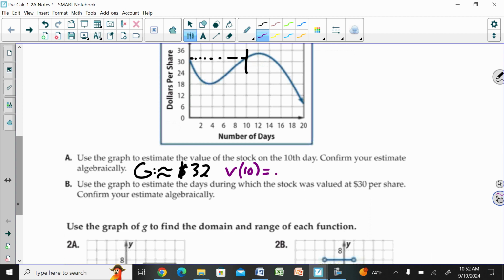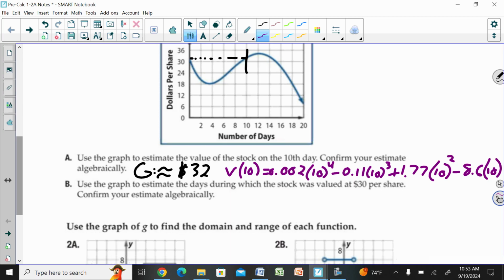So we'd have 0.002 times 10 to the 4th power, minus 0.11 times 10 to the 3rd power, plus 1.77 times 10 to the 2nd power, minus 8.6 times 10, and we have to add that 31 at the end.